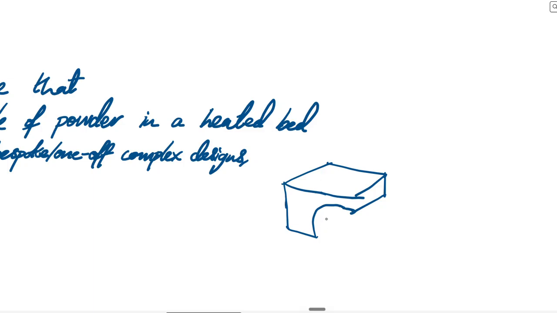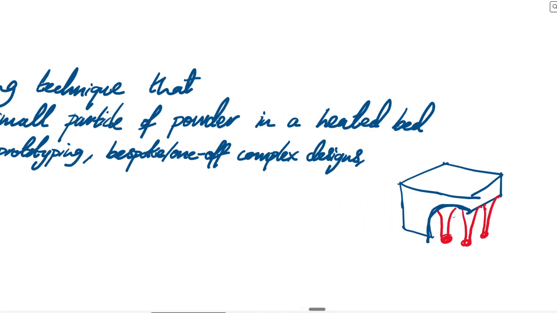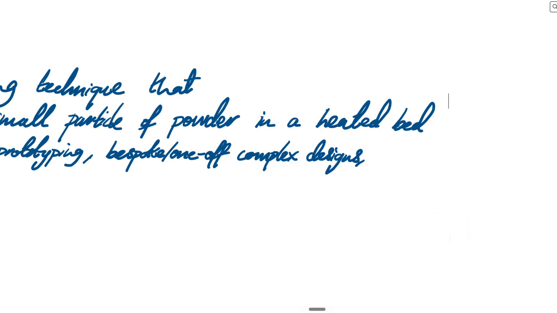We are going to need some supports here and here, probably here as well, right? Just to keep it up. Because you can't print in mid-air, right? So this is called an overhang. Okay, let me maybe delete this. Hopefully that made sense.